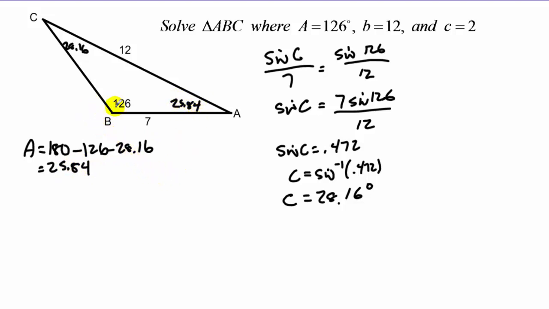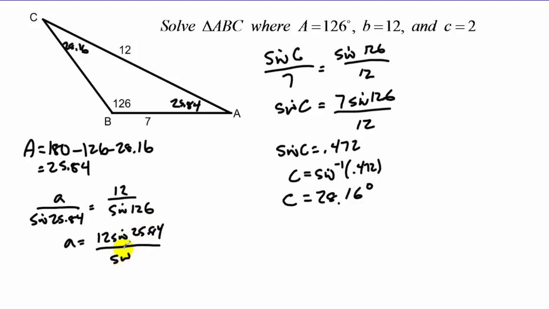And then finally I need to find the side A, so I take A over the sine of 25.84 is equal to, I'm going to use the given information, 12 over the sine of 126. Therefore A is equal to 12 sine of 25.84 over the sine of 126, and A will be equivalent to 7.09. And we've solved the triangle.